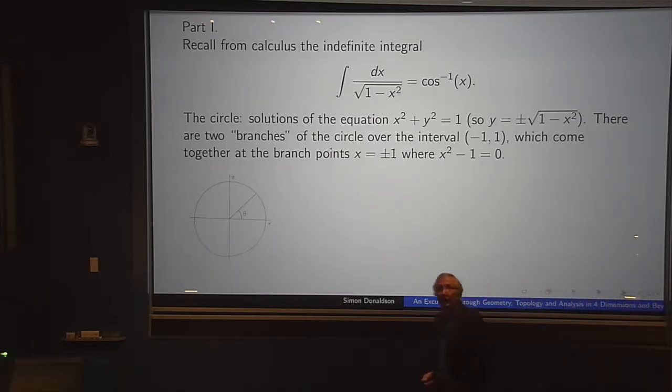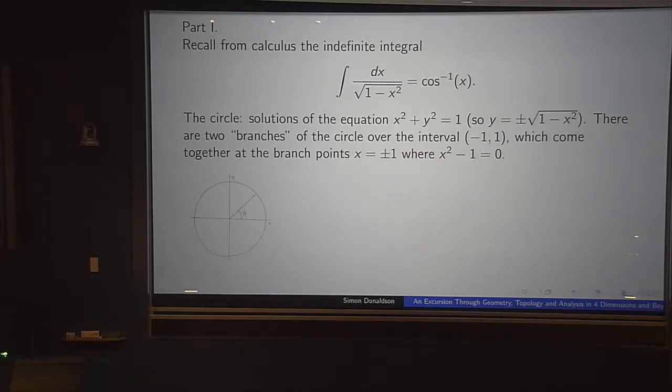So let's go back to think about integration. We know that when we study calculus, we learn how to integrate various functions. This is one that we can integrate, right? This 1 over the square root of 1 minus x squared. The indefinite integral is cos to the minus 1 of x. And of course we see the cosine function appearing.